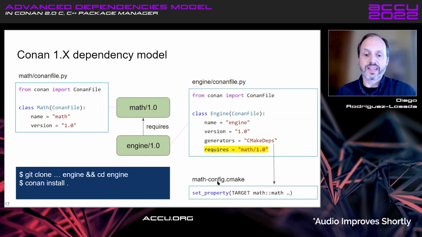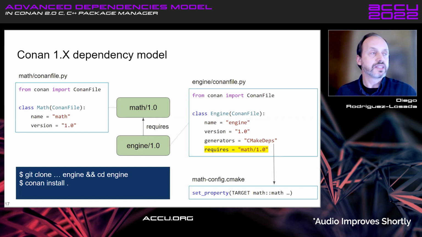And once it has the dependency graph, it can prepare the thing to build the engine package. In this case, as the engine package is declaring a generator to CMakeDeps, it's basically telling, hey, engine is built with CMake. Please, Conan, generate for me some CMake files so I can use them in my build. And what Conan will do is, okay, you depend on math, so I will create for you a math-config.cmake file that contains a math target that you can use in your build.